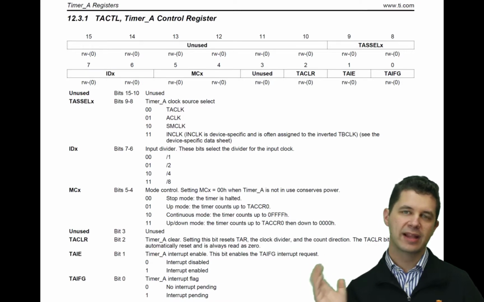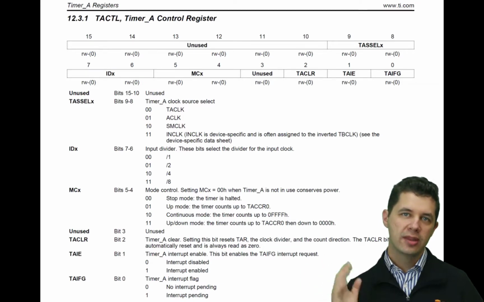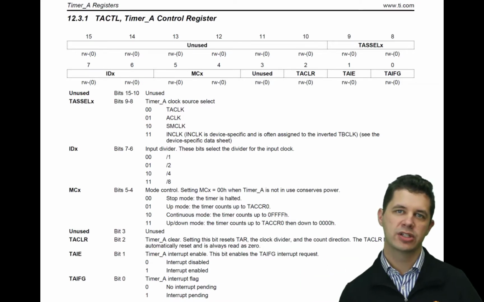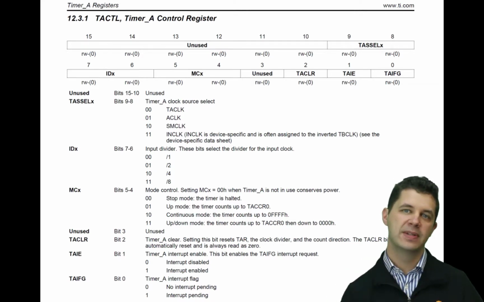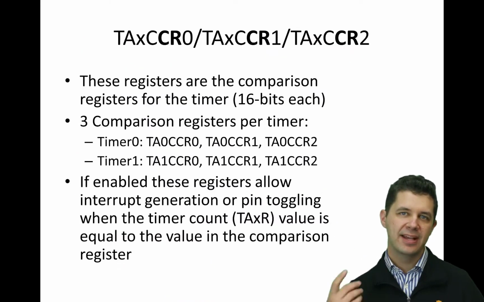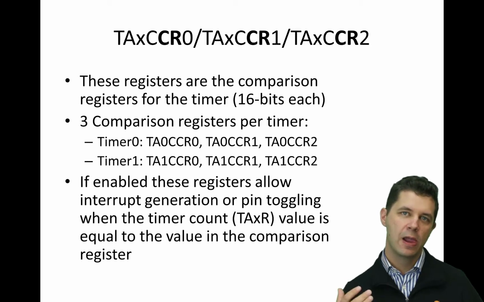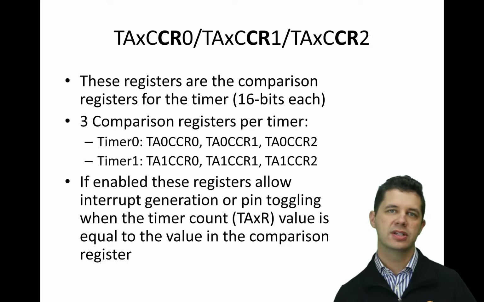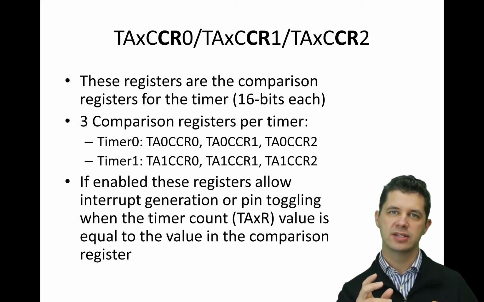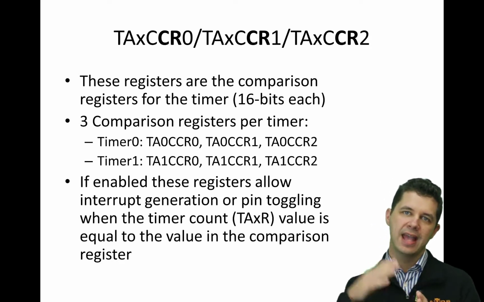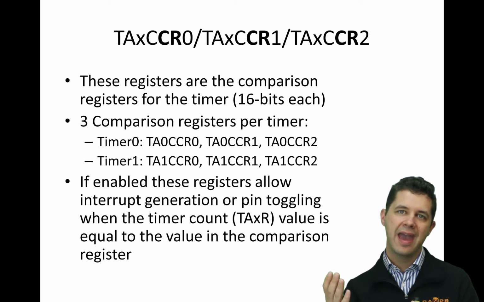This is directly out of the data sheet that shows you the particular bits within each of those registers that we're using to set up a particular timer. Our next ones are the TA0 or 1 CCR0, 1 and 2 registers. And these are the comparison registers. These registers are compared against our timer count register, and things can occur.